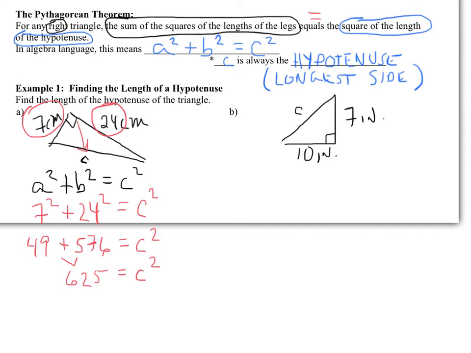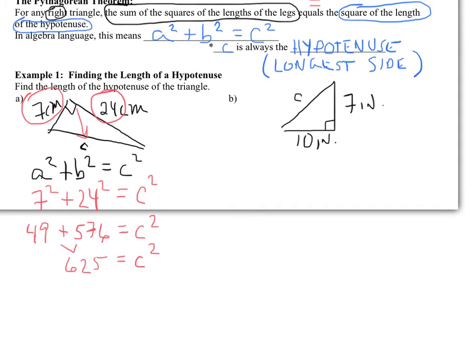Now, to undo a square, we take the square root. So remember, to undo something squared, we do our square root. At this point, we take C, because the square root of C squared is C. On the other side, we would have 625.